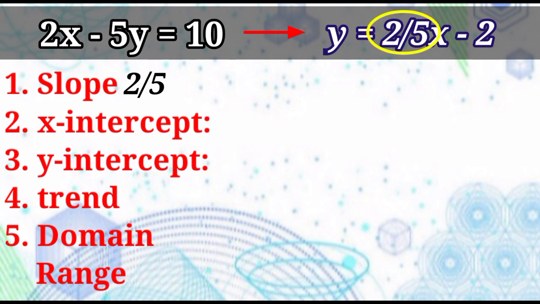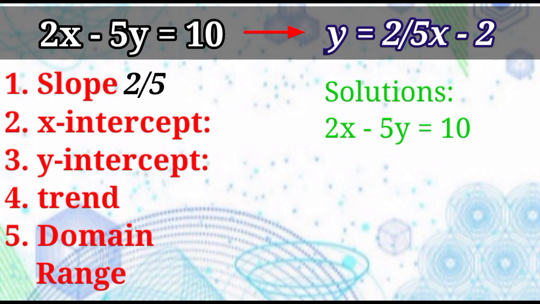Para makuha naman ang x-intercept, substitute 0 to y in the equation. Pwedeng gamitin itong slope-intercept form, pwede rin naman itong standard form. Para sa akin, mas madaling gamitin ang standard form. Kahit na anong gamitin mo sa dalawang equation na ito, iisa ang magiging resulta. At ang gagamitin ko ay 2x minus 5y equals 10.